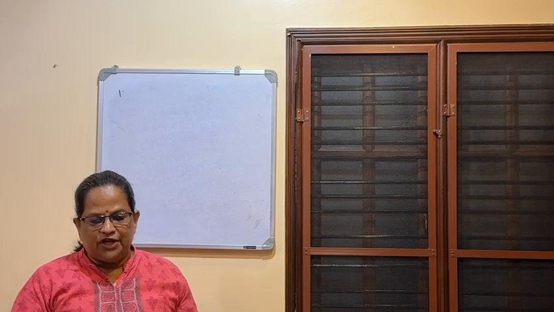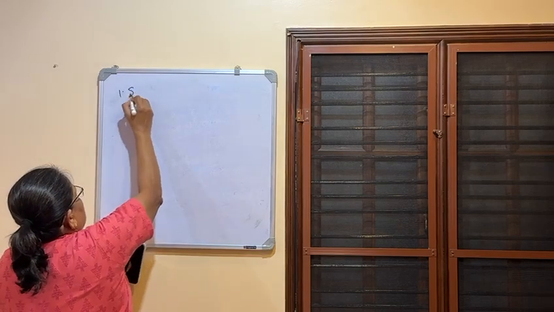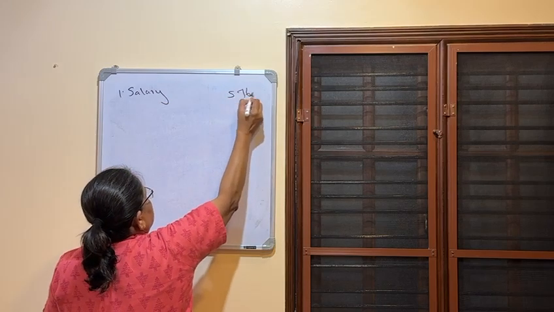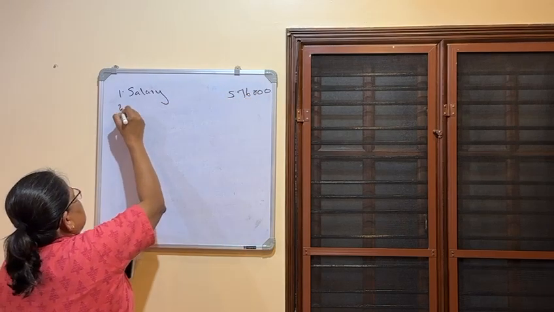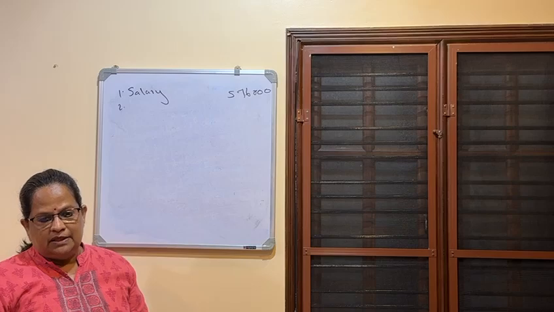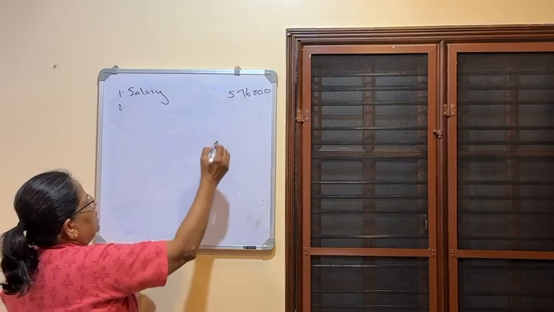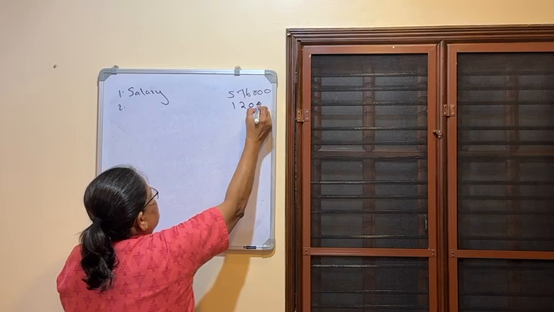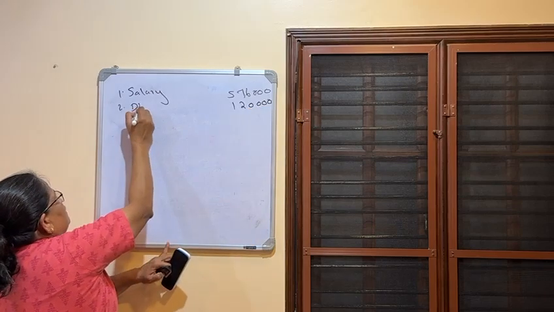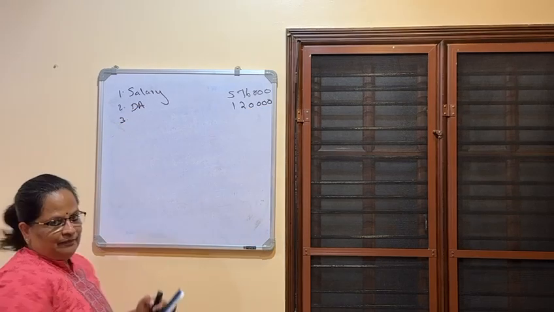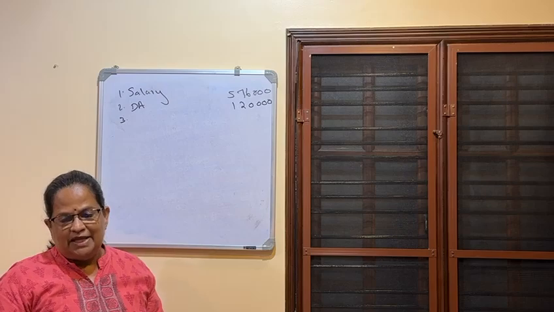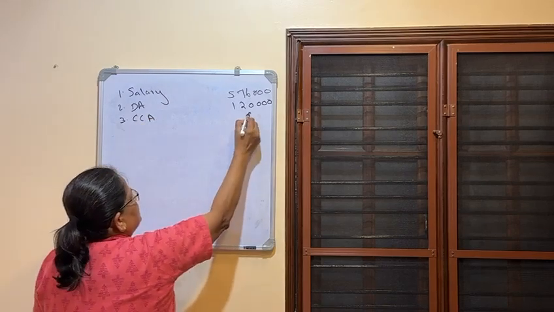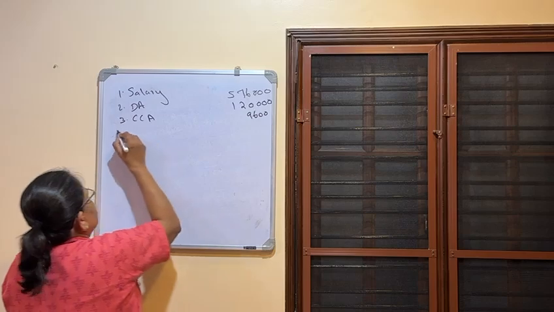Salary is equal to 48,000 into 12, that is 5,76,000. Second is DA 10,000 into 12. That is 1,20,000, dearness allowance. Third is city compensatory allowance 800 into 12, CCA 9,600.